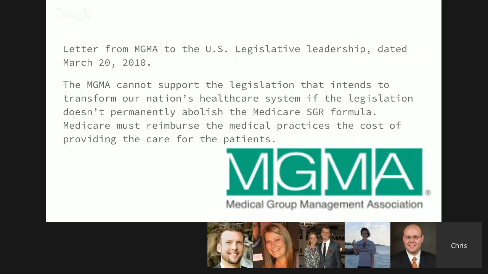Medicare must reimburse the medical practices the cost of providing the care for the patients. The MGMA is needed to move forward on healthcare reform, but they can't support the legislation that intends to transform the nation's healthcare system if the legislation doesn't permanently repeal the Medicare SGR formula, which now we know that they have permanently repealed, so that is good.